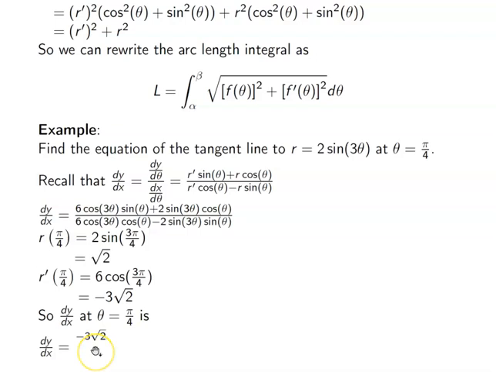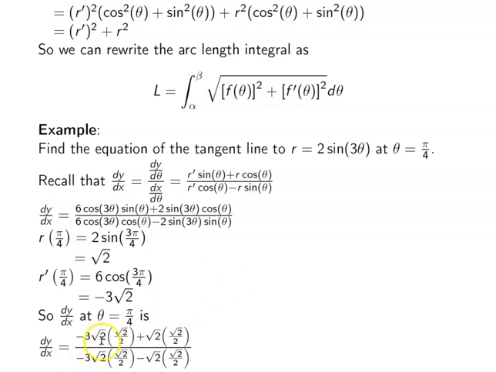So 3 root 2 times root 2 over 2 plus, and so this is root 2 times root 2 over 2. Okay, and in the denominator, R prime, so negative 3 root 2 cosine gives me root 2 over 2. Okay, and on the bottom, I have minus this, I know is my r, right? So that's root 2 times root 2 over 2.